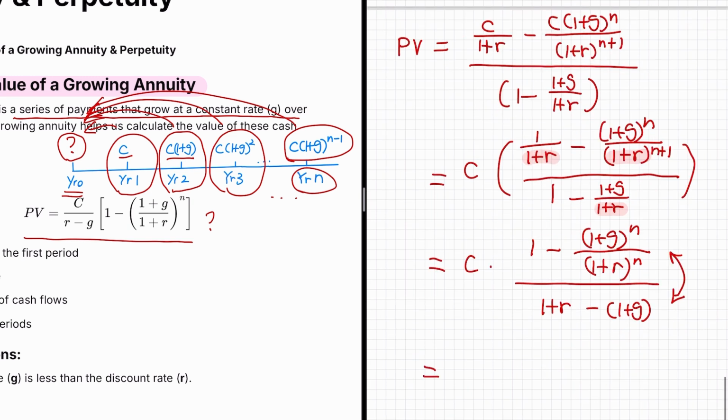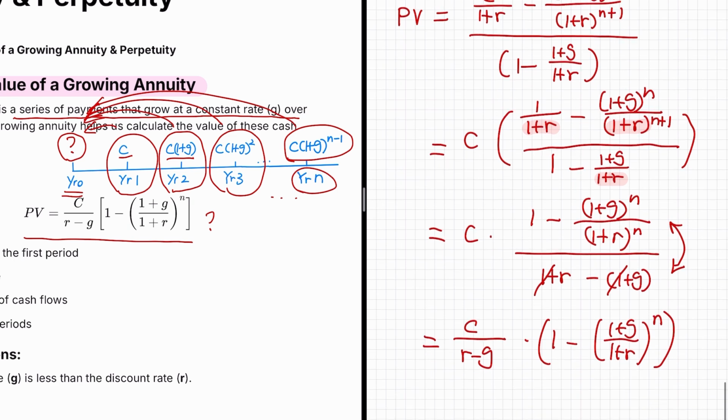And now it becomes C divided by R minus G, as 1 here and 1 here cancelled off, times 1 minus ((1+g)/(1+r))^n. So this is same as the formula here.